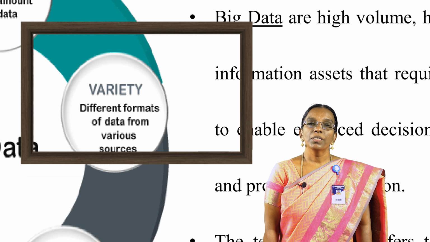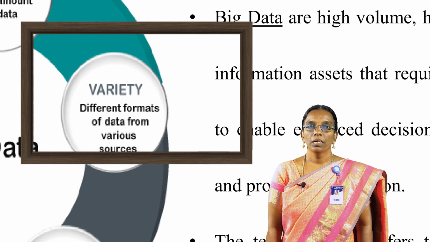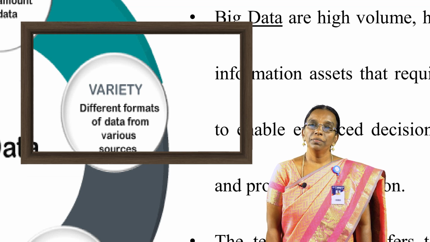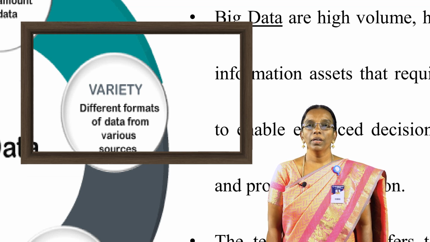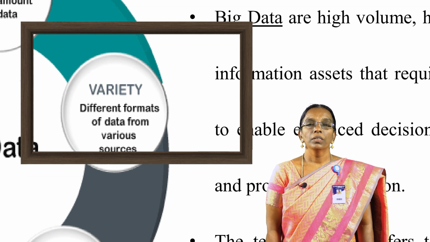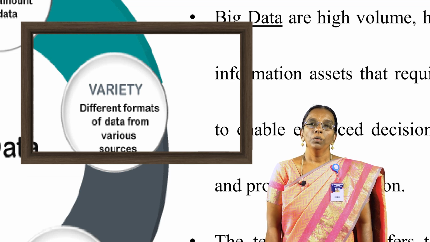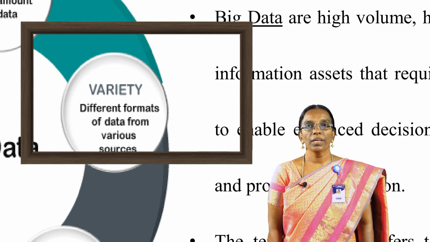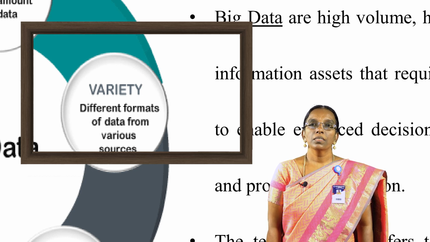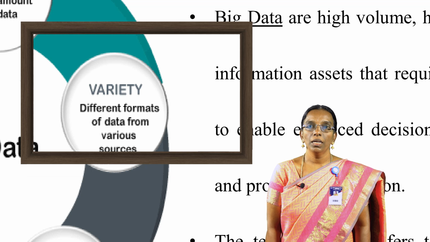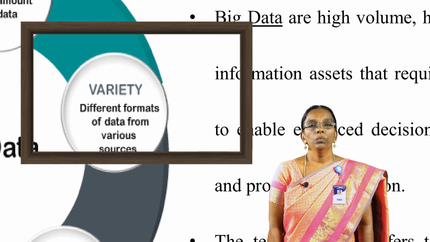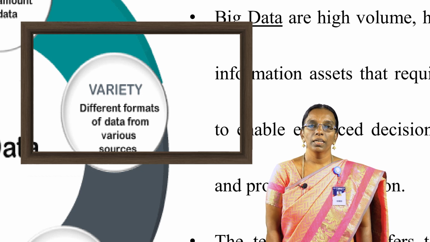The next, we will see what is about big data. What are the key characteristics of big data? There are different types of key characteristics available, but we will see which are important in this video. Number one, volume, which is nothing but a huge amount of data is available. Number two, variety, that is different formats of data are available. Number three, veracity, that is the uncertainty in the data.